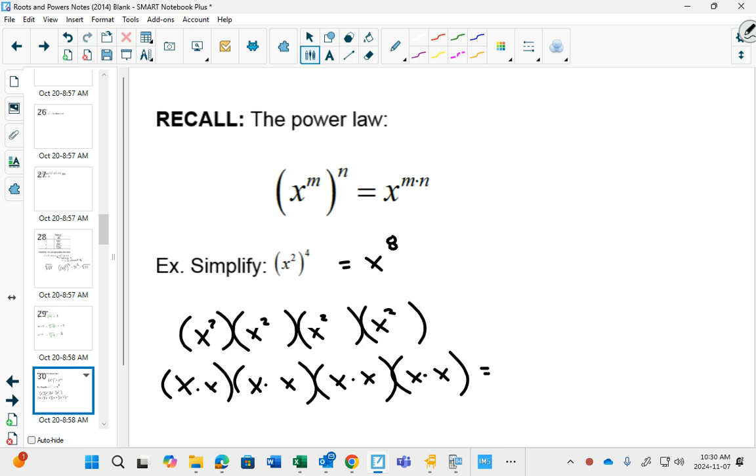When I put that all together, it makes sense that I have 8 x's all multiplied together. When I write it this way, it's pretty obvious that you have 4 2's, and 4 2's is going to make 8 of them in total.